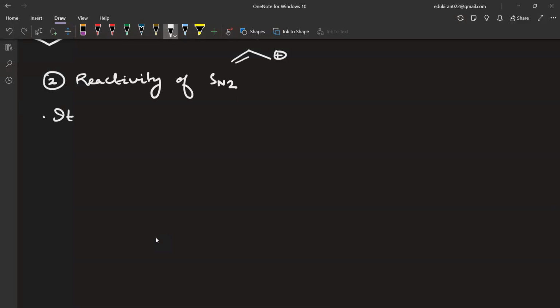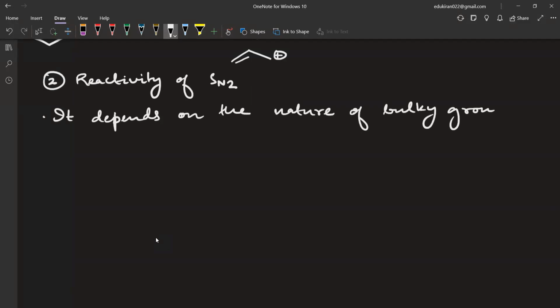It depends on the nature of bulky group attached at alpha carbon.